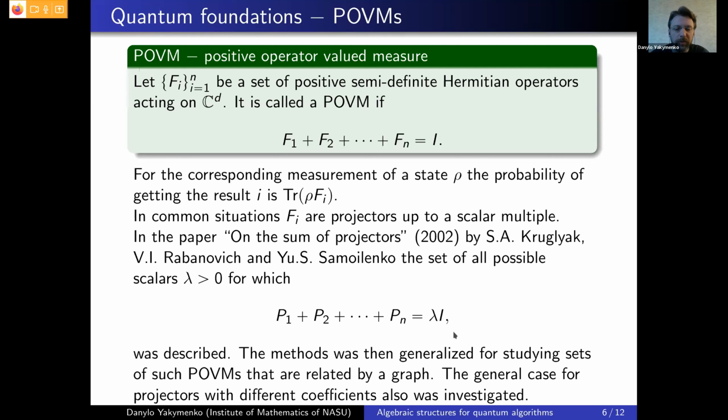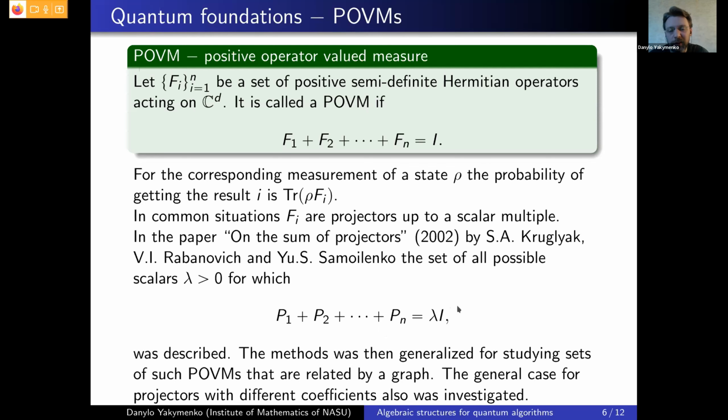And these methods were generalized in the next work in our department. So, for example, we can put coefficients. Here you can see that coefficients are the same, but we can consider different coefficients and investigate similar problems. Of course, the most interesting problem is to classify all possible POVMs, how they can be constructed. But this is actually a very hard problem.